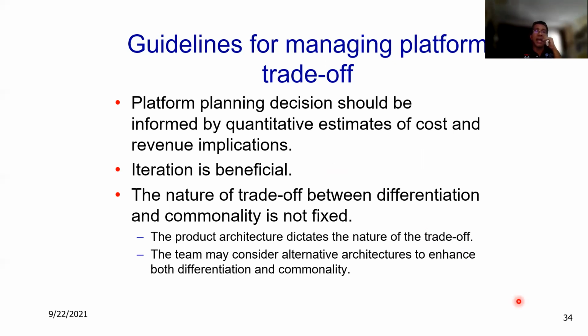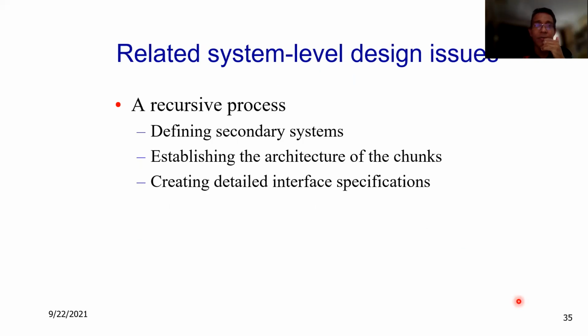This guideline is related to system-level design issues, for example, the four-step method for establishing the product architecture just now: create the schematic, cluster, and then geometric layout and interaction. That is the step to establish the product architecture.